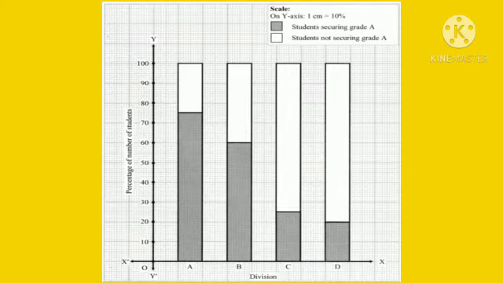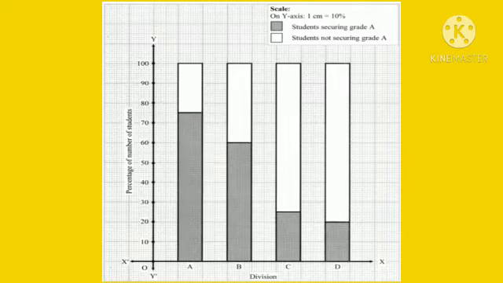Now, we will draw the percentage of students securing grade A of division A. So, we will draw the first bar up to 100 units. Now, as in division A, there are 75% of students securing grade A, we will mark up to 75 units and we will shade that much part of our bar.